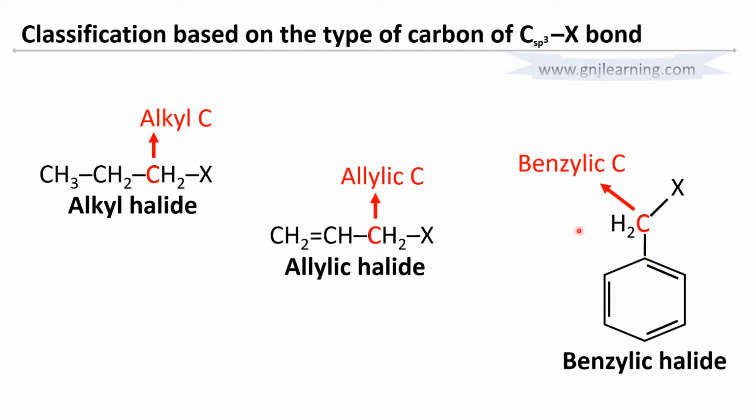So correspondingly, we can name those halides: alkyl halide, allylic halide in the case of X attached to an allylic carbon, and benzylic halide if X is attached to a benzylic carbon.